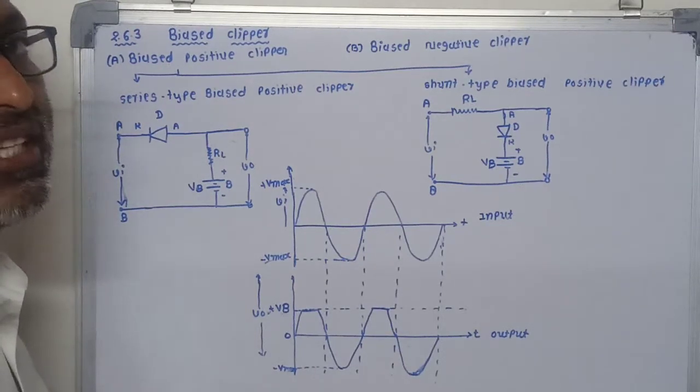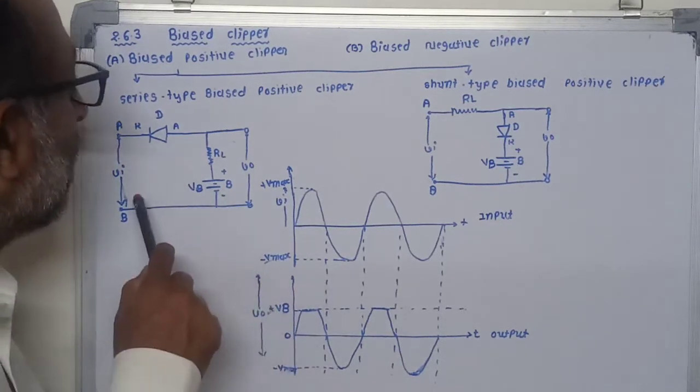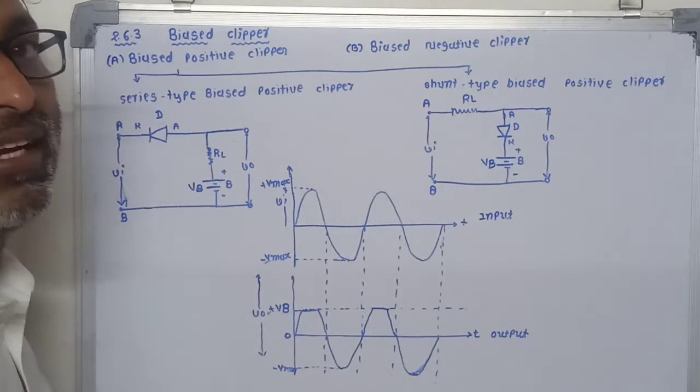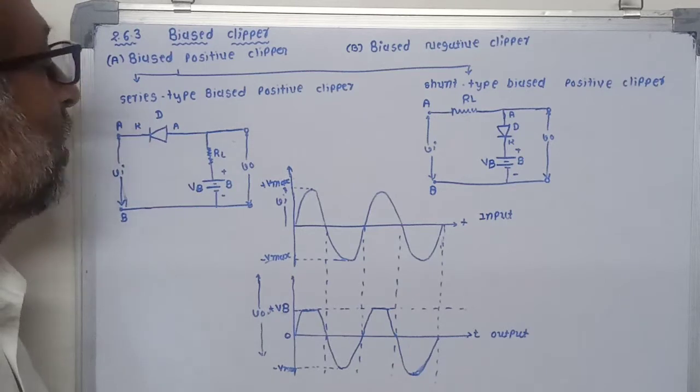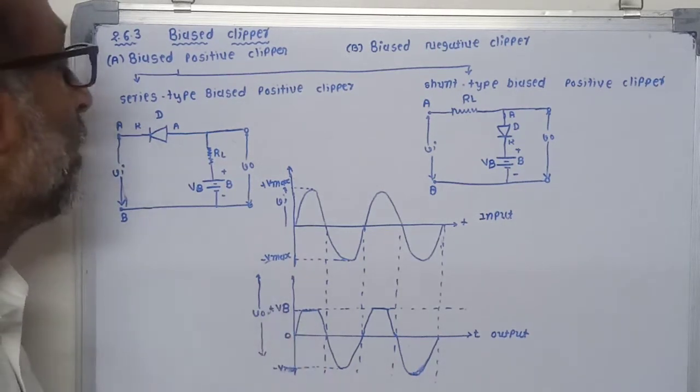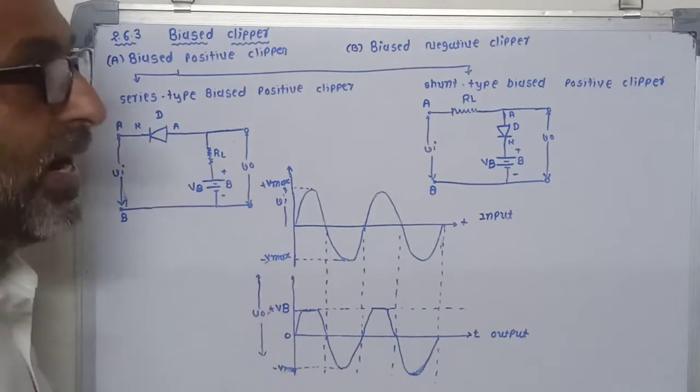voltage. That means it is independent, because the reverse input voltage as well as the battery voltage are at the same potential, both providing positive potential to the anode.